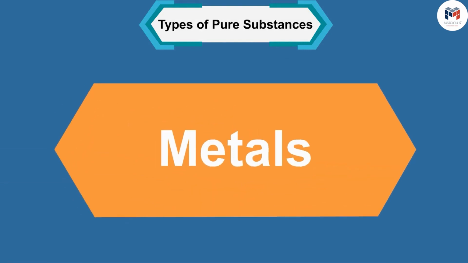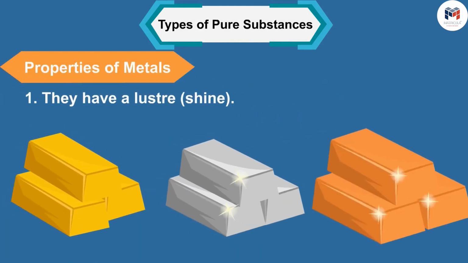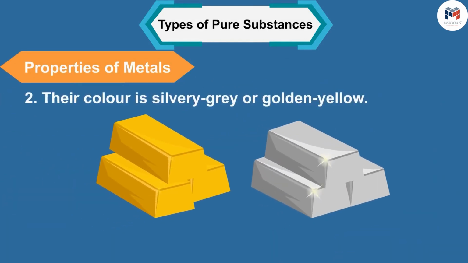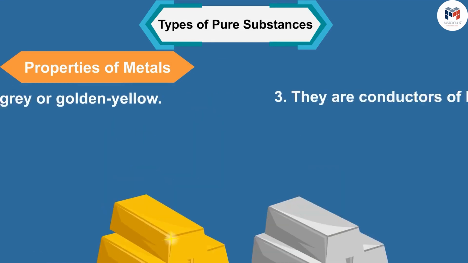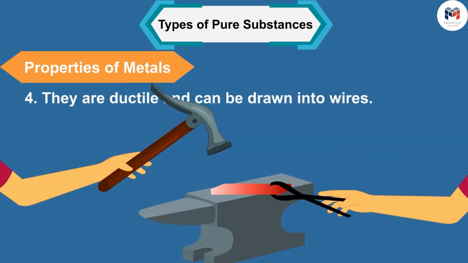Let us first learn about some properties of metals. 1. They have a luster, shine. 2. Their color is silvery gray or golden yellow. 3. They are conductors of heat and electricity. 4.